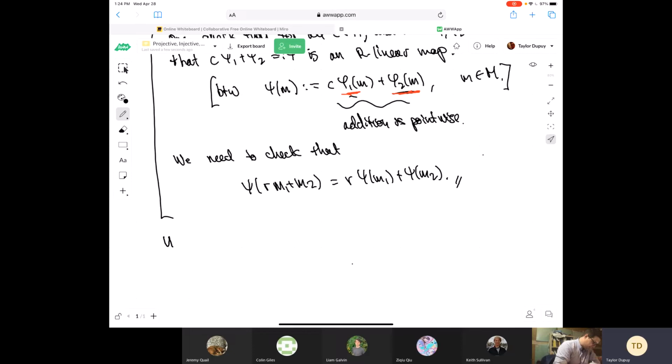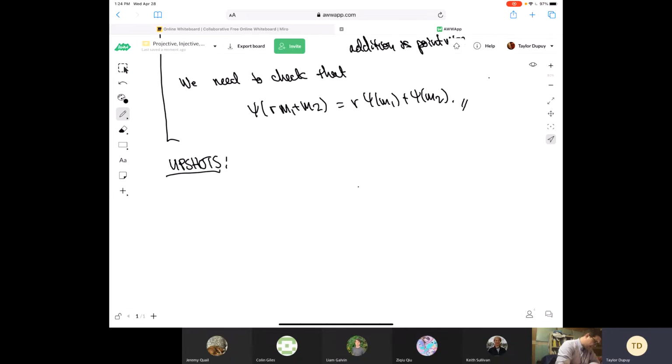One of the upshots of this is that for each R module M, we get two functors.